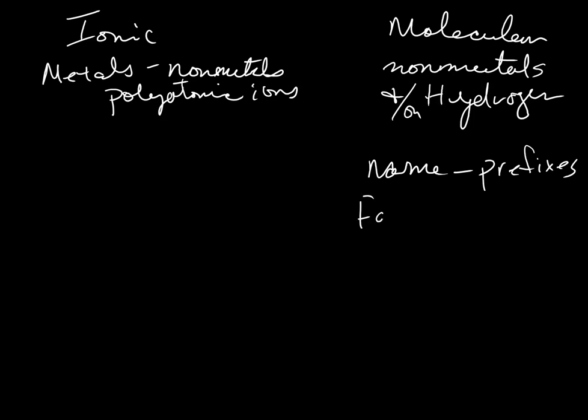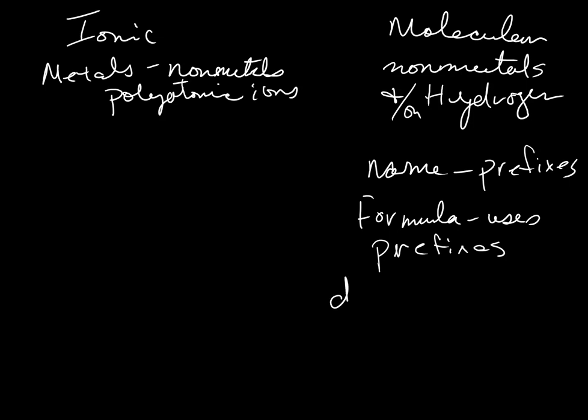And their formula just uses those prefixes. But the hard part is first you have to decide what kind it is. The mistake people make is they want to do molecular stuff for things that aren't molecular. If it's got a metal in it, you can't have a prefix. Okay? It's got a metal, you don't have prefixes?